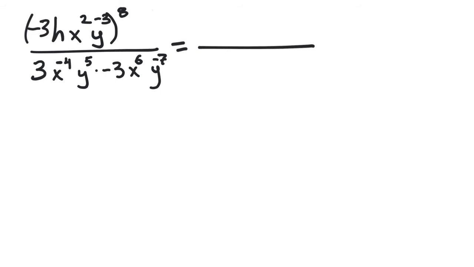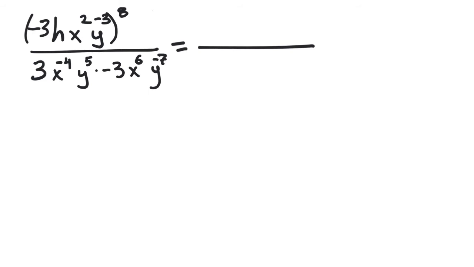Why the numerator? Well, it's because I've got this exponent of 8 with this set of parentheses. So I need to do this multiplication before I start operating with any of these bases in the denominator. So I'm just going to focus on simplifying my numerator first, and then we'll see how it affects the denominator stuff.